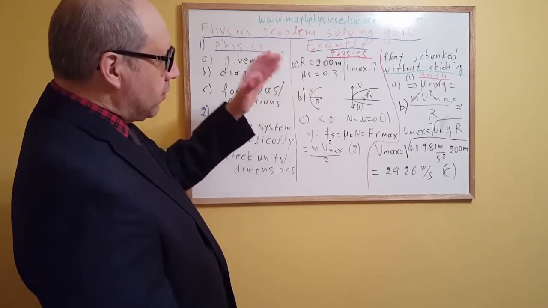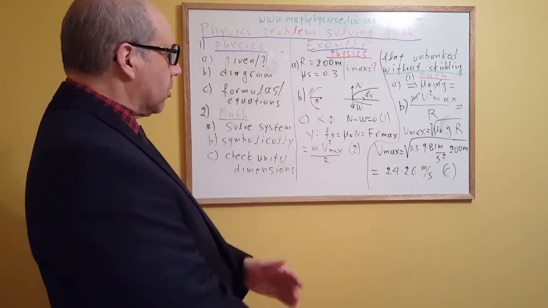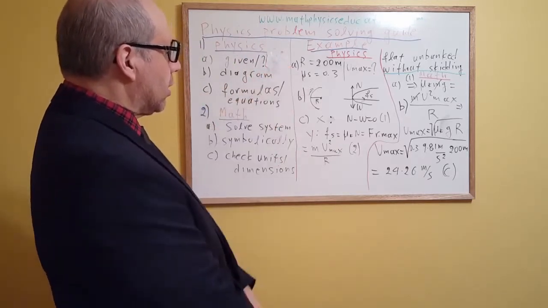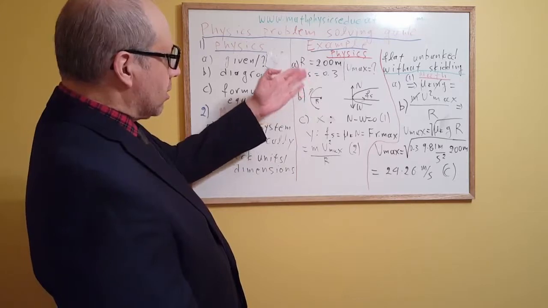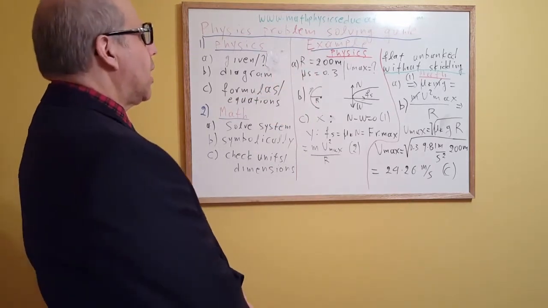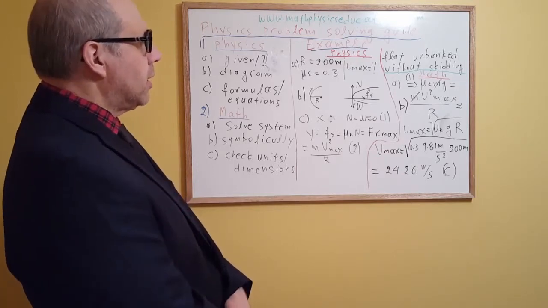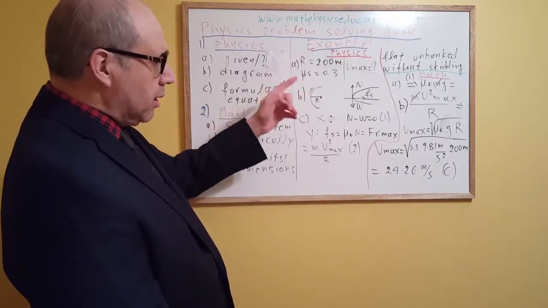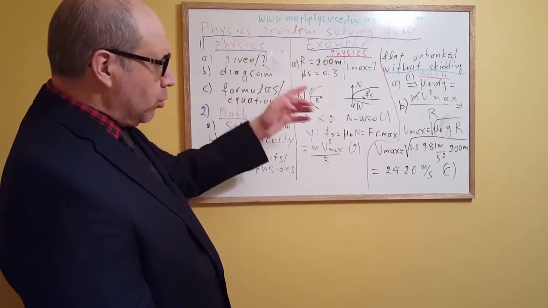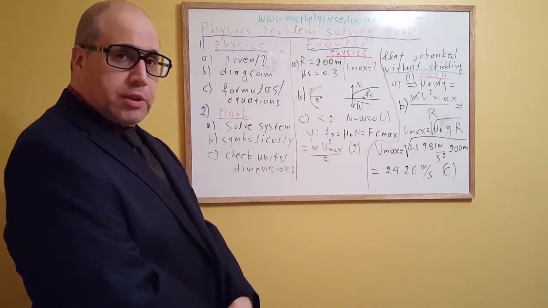The curve is flat and unbanked, and the coefficient of static friction between the tires and the street is 0.3. What we're looking to find here is the maximum speed the car can go without skidding, so that means without getting out of its path.